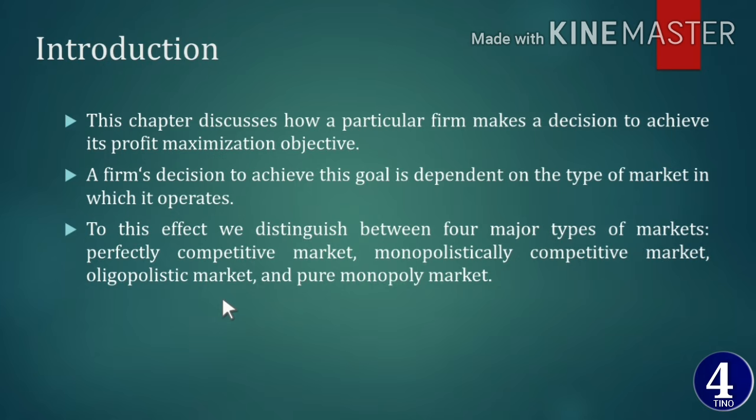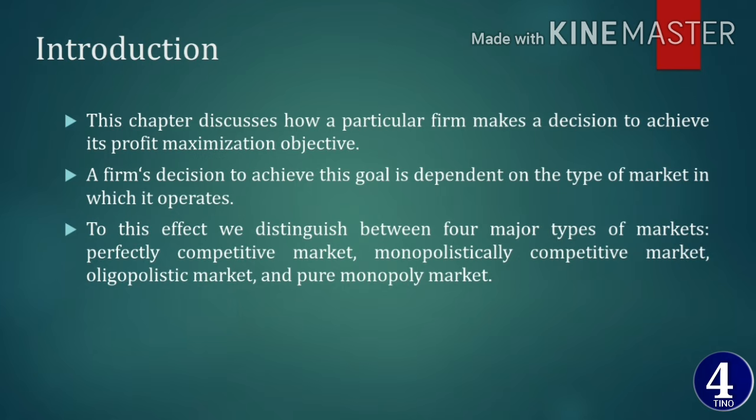So how many types of markets do you know at this moment? You know there are 4 types of markets. The first is perfect competition, the second is monopolistic competition, the third is the oligopoly market, and the fourth is the monopoly market.